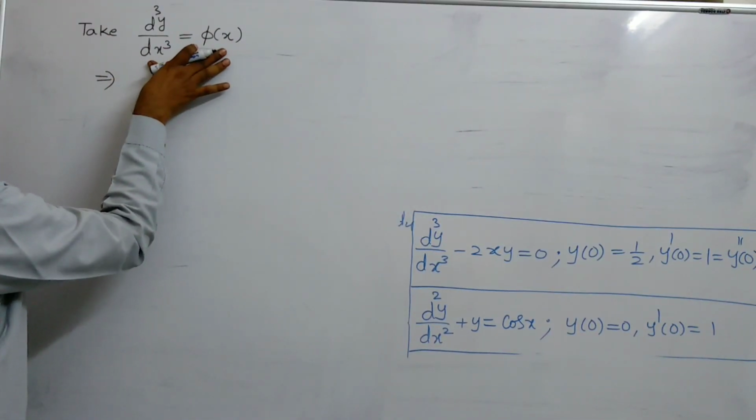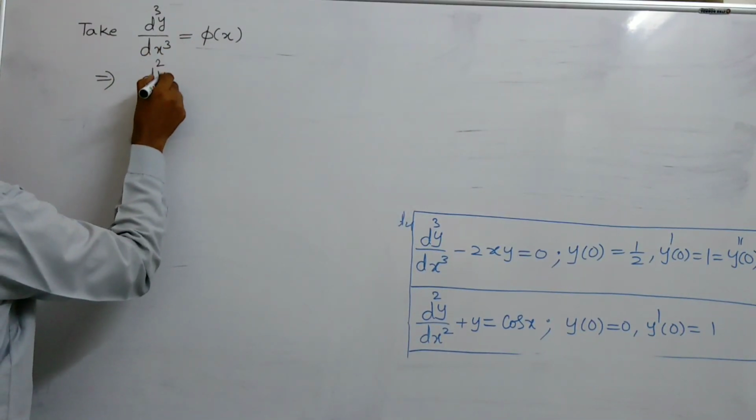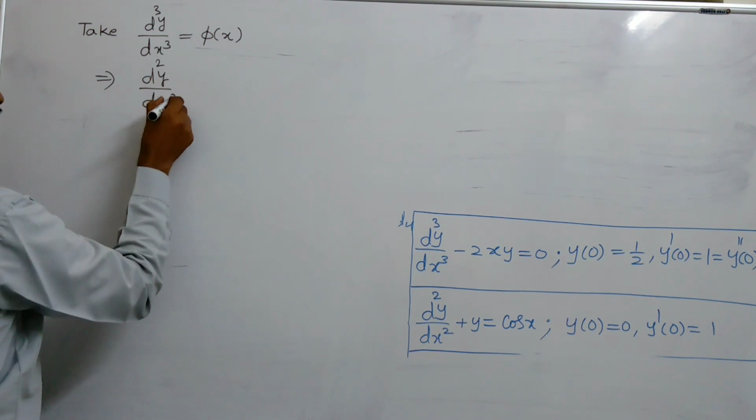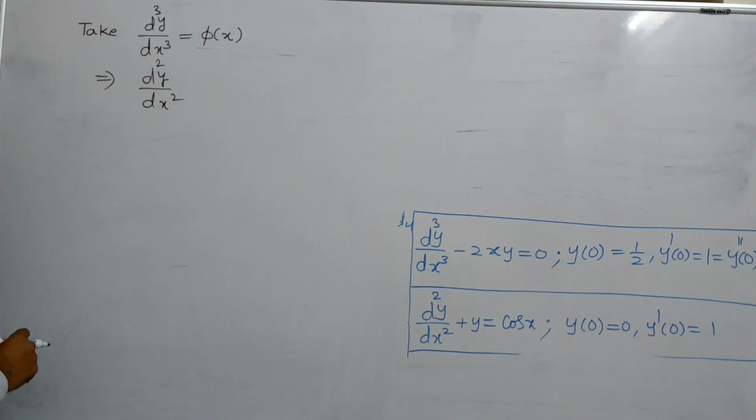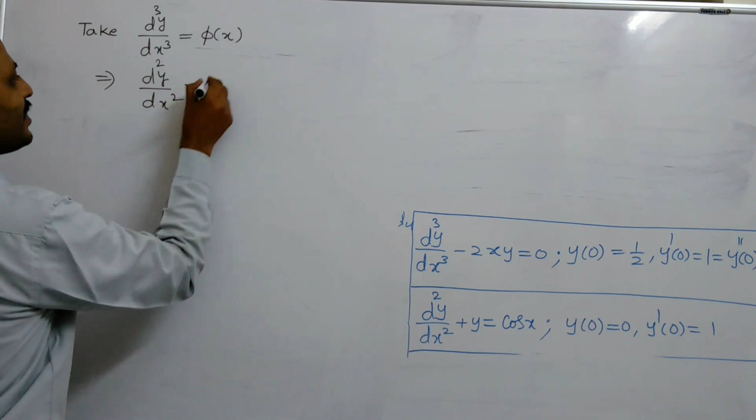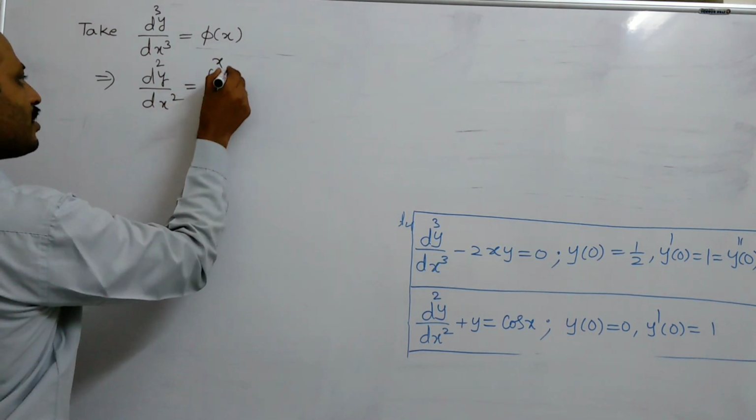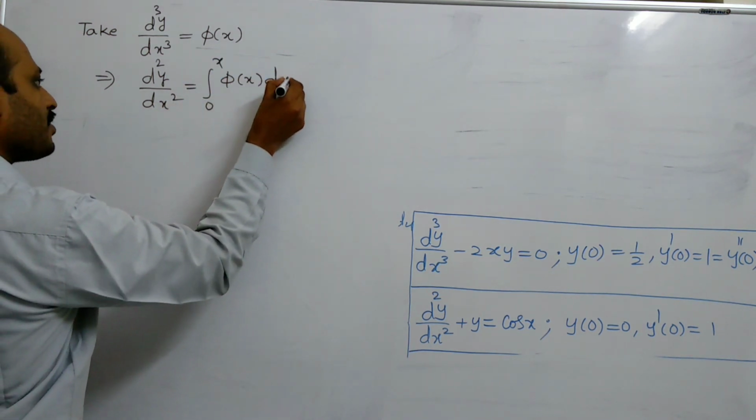Integrate this term on both sides, you get d square y by dx square is equal to integral 0 to x phi of x dx.